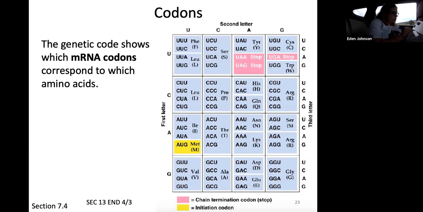G, U, A, U, G, C, C, G, C, U, G, U, G, A. Okay, so one more time. G, U, A, U, G, C, C, G, C, U, G, U, G, A.